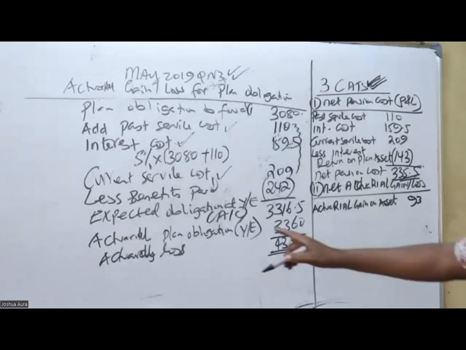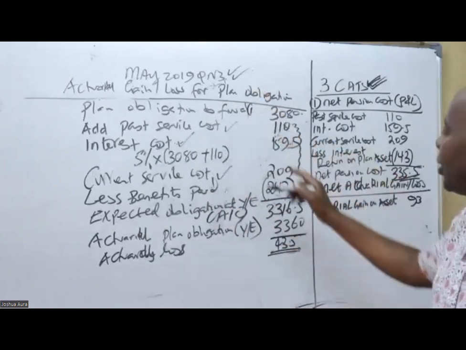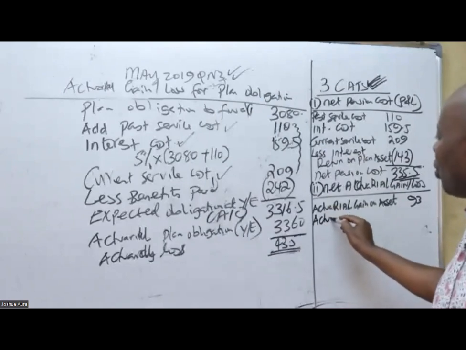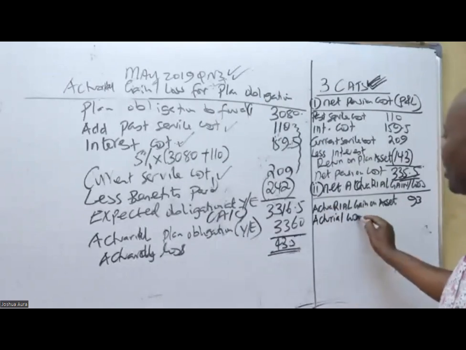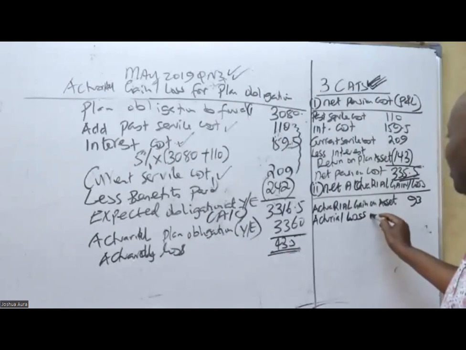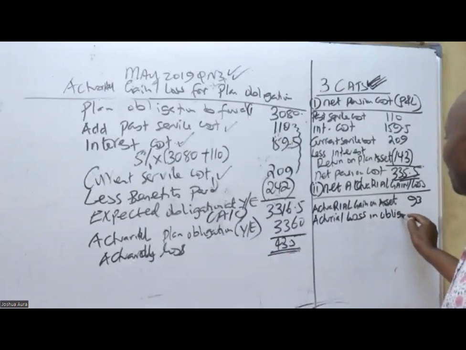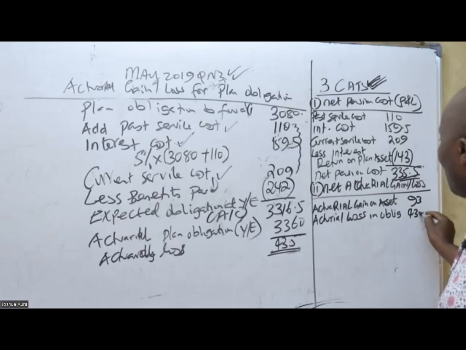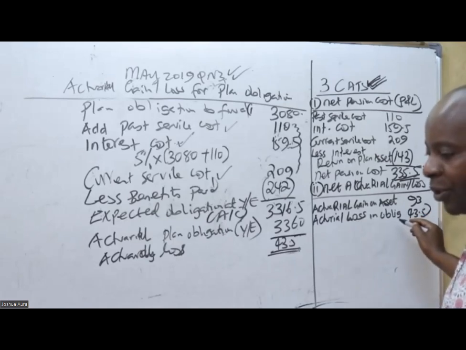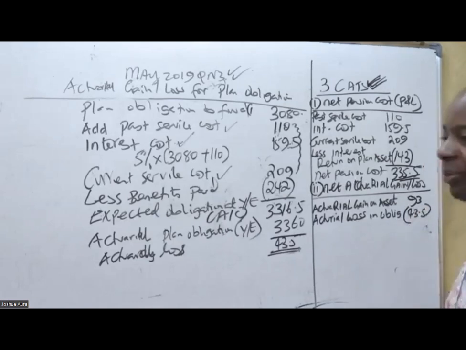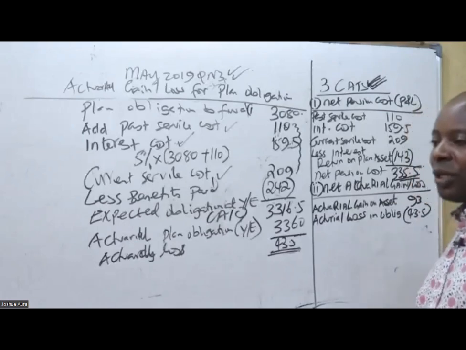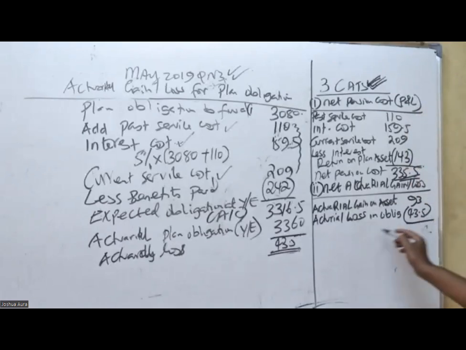And then we have the actuarial loss on the obligation. It's a loss of 43.5. So the loss you're subtracting, and then you should be able to give me the net actuarial gain.